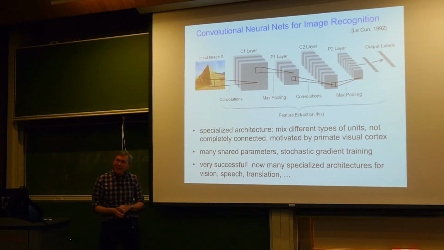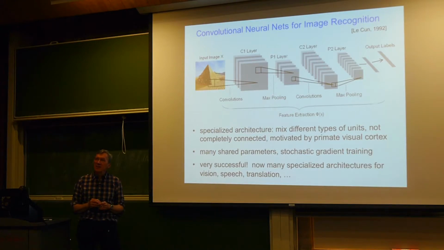And here it goes to the architecture instead of to the objective function. And I think the jury is still out. People are doing both kinds of things these days. But the big advances have really come from engineering the architecture rather than the objective function, interestingly.